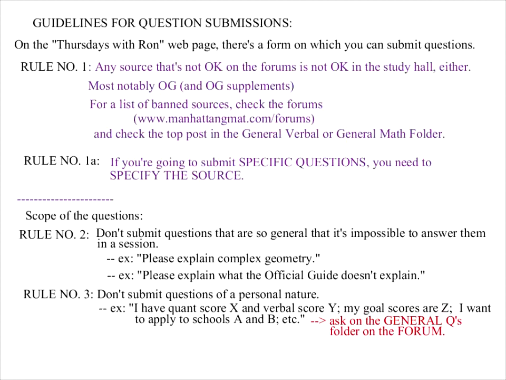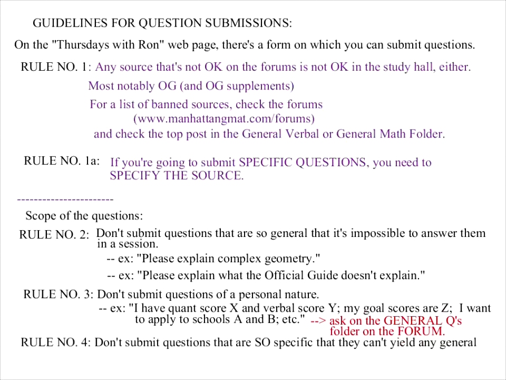The final rule is a little bit more subtle. Remember the goal of the study hall: to have a theme, or at least a couple of themes that are somewhat continuous. So don't submit questions that are so specific that they can't yield any general lessons.